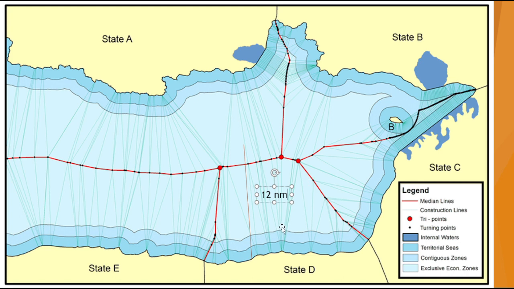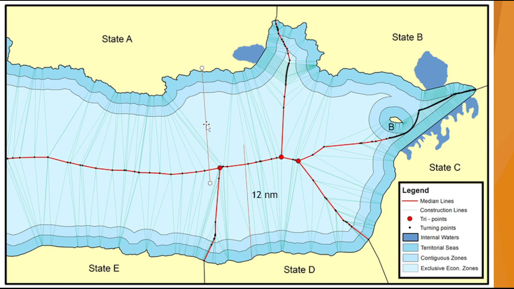So this will be considered as the territorial sea, right? For this state, for state D. Now for this state, it will be again from here. This will be the 12 nautical miles, right?